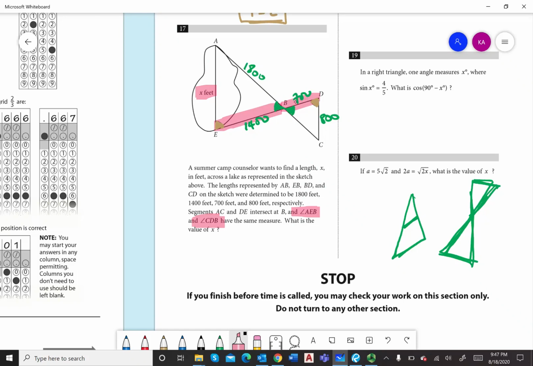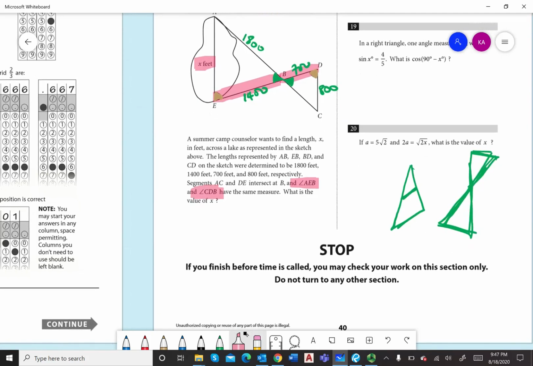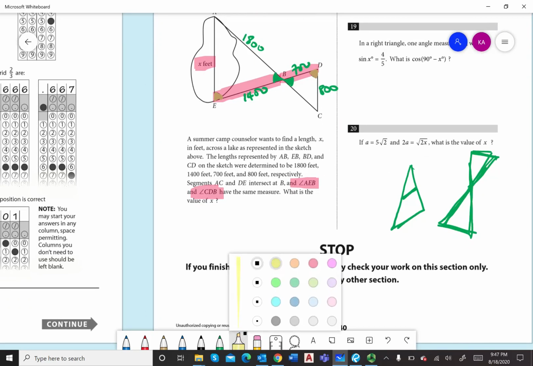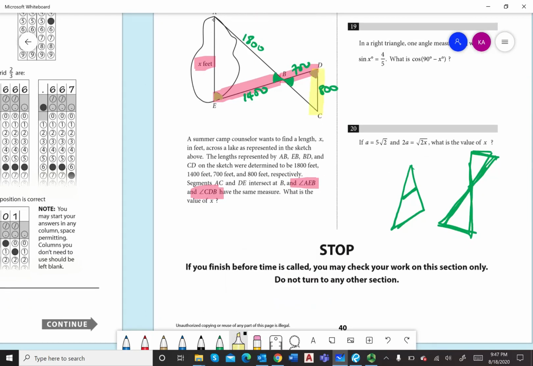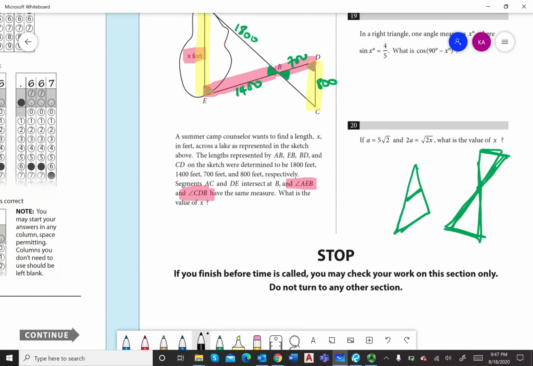So we have the 700, BD, corresponds to the 1400. And then, well, clearly this guy corresponds to this guy. Okay, so we can just write our equation, our proportion, as 700 over 1400 is equal to 800 over x.